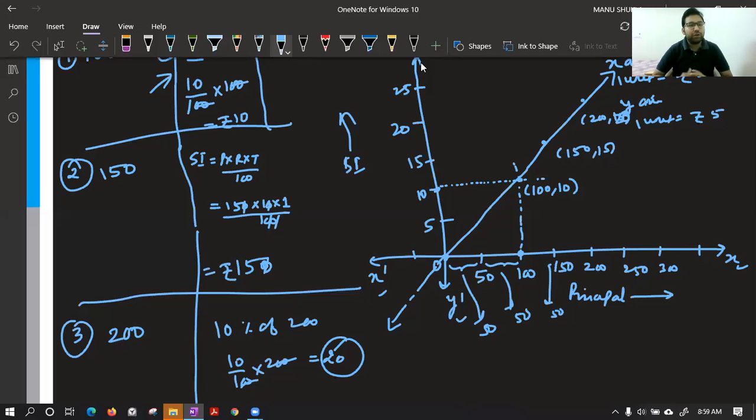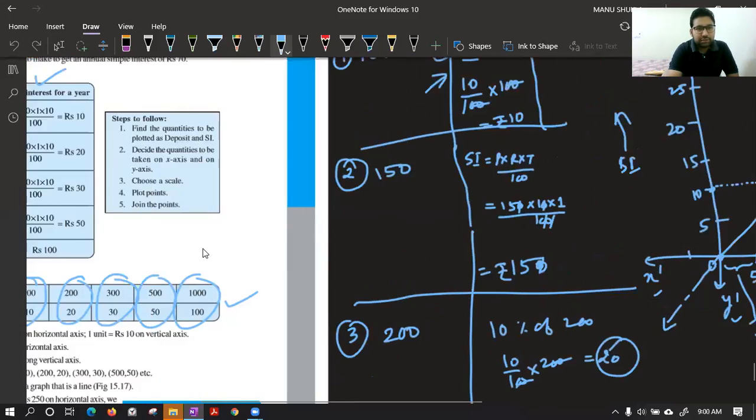That sort of relation is known as inverse relation. But in this case, it is a direct relation, or direct proportionality. They are directly proportional. If you increase one, the other increases. If you decrease one, the other decreases. So class, I hope you are able to understand that the relation between principal and SI is a direct proportionality relation. Okay. Now let us see the next example.